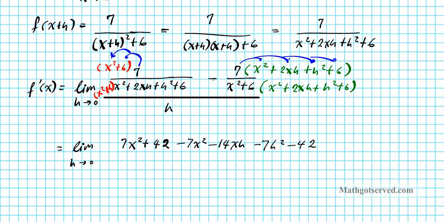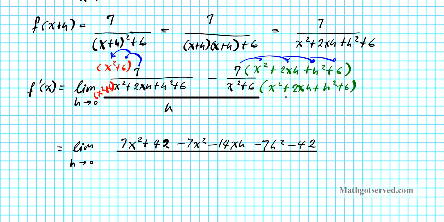Notice I was distributing the negative and the number together. That's why all the signs changed. Now let's shift our attention to the denominator. I'm going to distribute the x squared first. Since these two quantities are exactly the same, I just focus my attention on one.